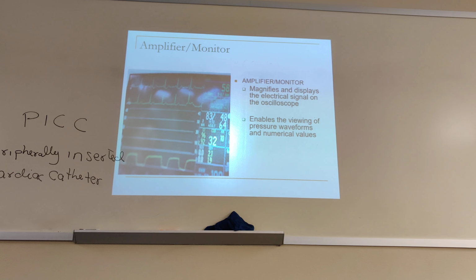That will be V5 and lead 2. Lead 2 takes the best picture of the left heart. The left heart is more important to monitor because that's what actually gives the cardiac output that supplies oxygenated blood to organs and tissues. So we like to monitor that.